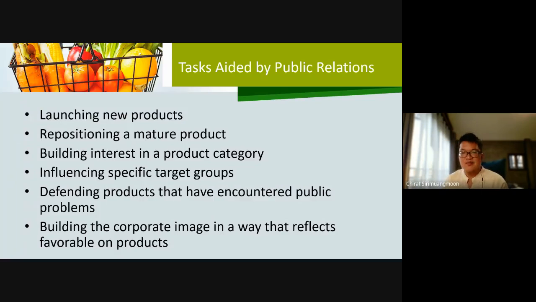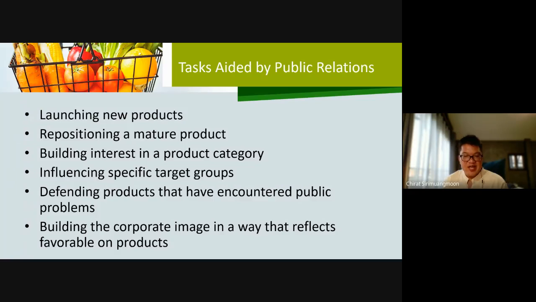So you can build more interest. Influence specific target groups: you can use specific media to send the message directly to a specific group of people.